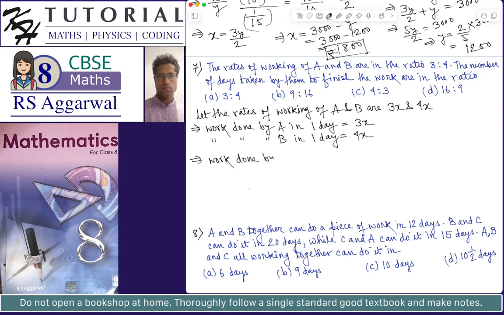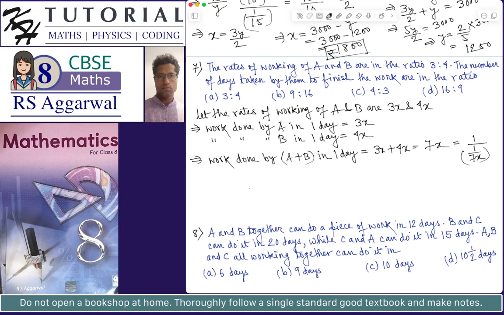So now we can say that when both A and B are working together, the work done by A plus B in one day will be equal to 3x plus 4x, which is equal to 7x. We can write it as 1 by 7x.